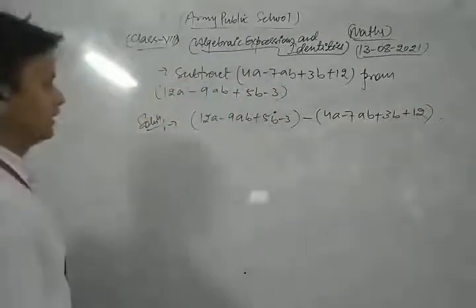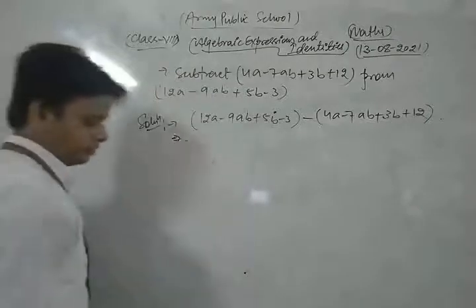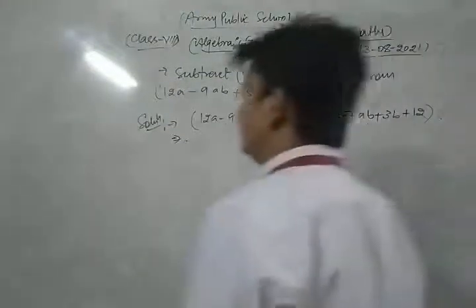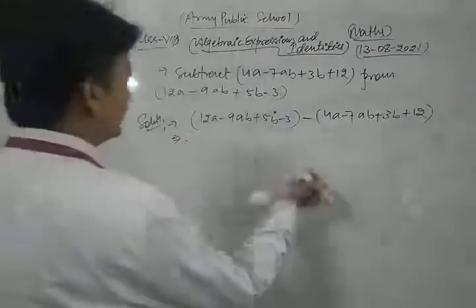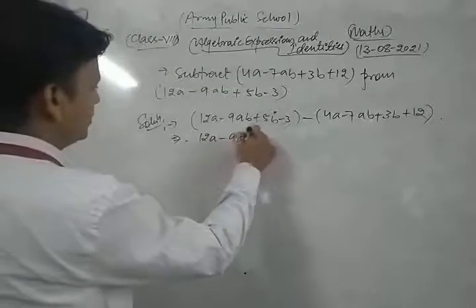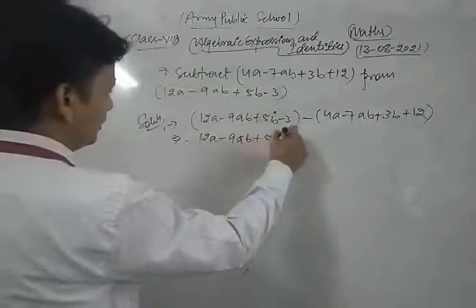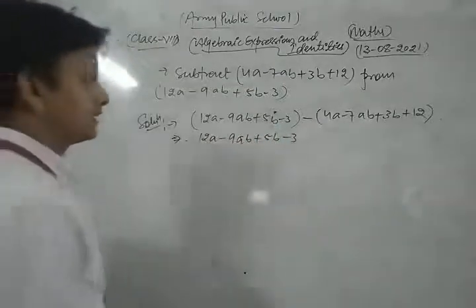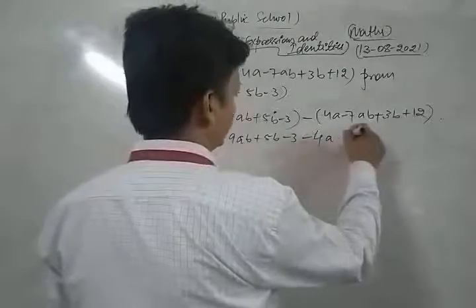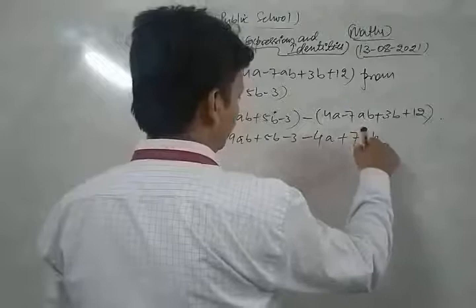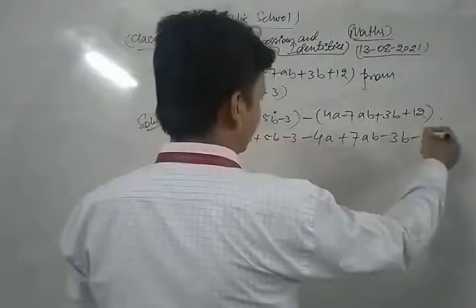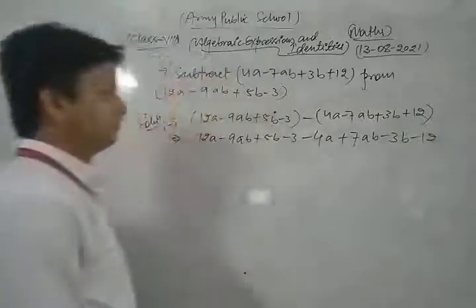Now we simplify them. First of all, we break the brackets. So this is minus 4a, minus times minus gives plus 7ab, minus times plus gives minus 3b, and minus 12.